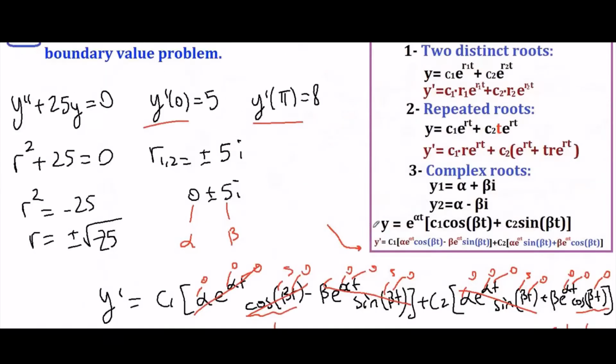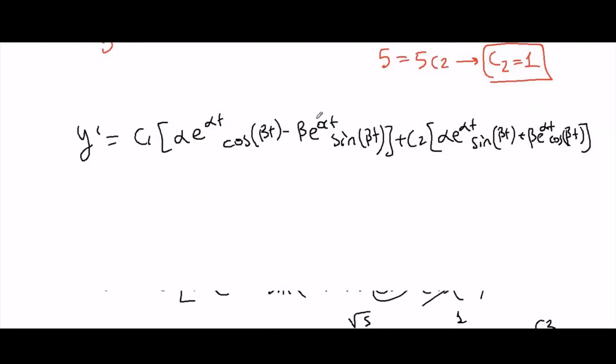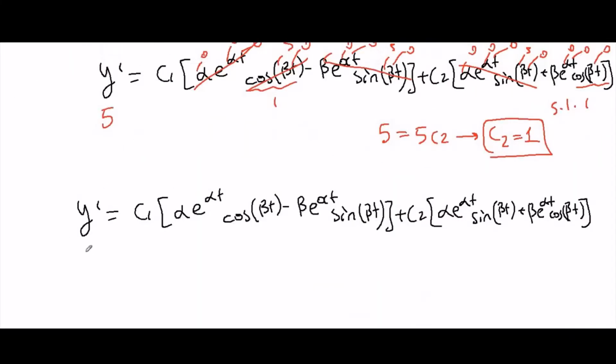We're going to apply the second initial value. So y prime of pi equals 8. So this is 8. And our c2 is 1. Our alpha is 0, so that cancels this term. That cancels this term. And sine of pi is 0, that cancels this term. Cosine of 5 pi is 1, because it's a coterminal angle with angle 0.